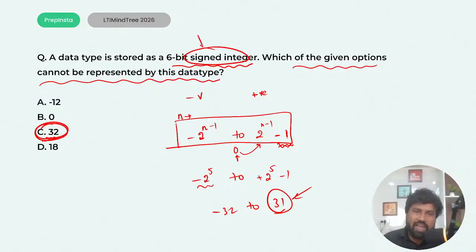Remember, signed means you will have both positive and negative values. For example, if I had given this problem as a 6-bit unsigned integer, then what would be your answer? Tell me in the chat.